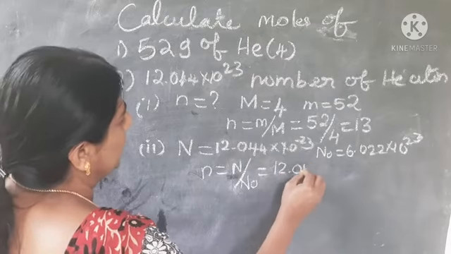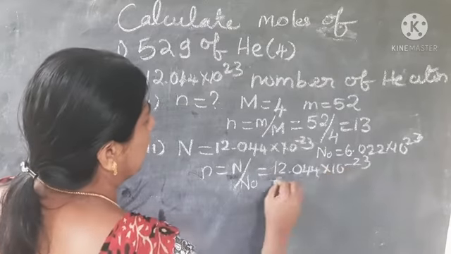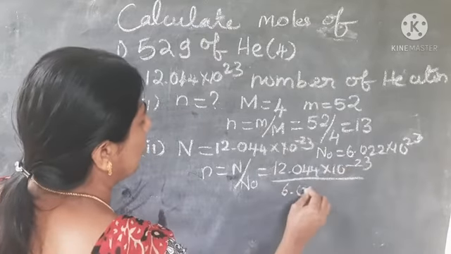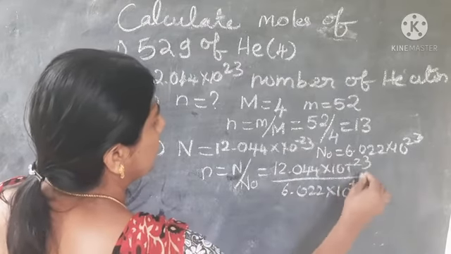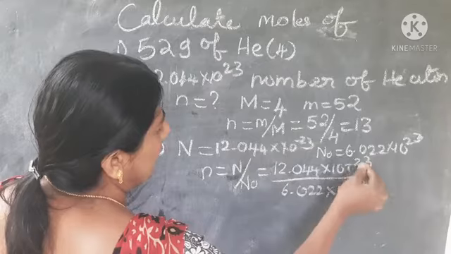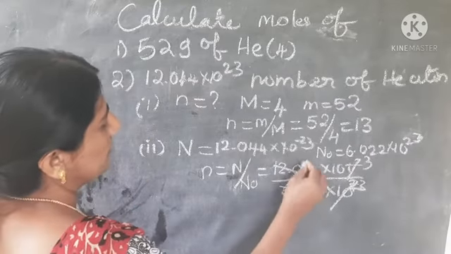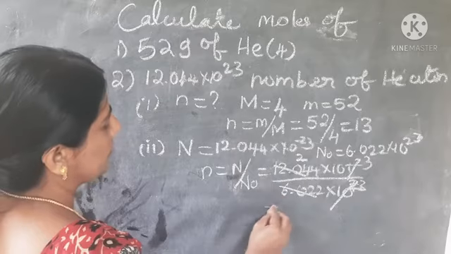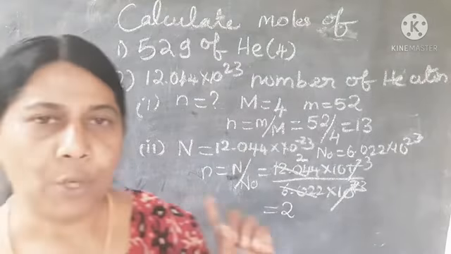Substitute the value here: 12.044 into 10 power 23 divided by 6.022 into 10 power 23. So 10 power 23 will be cancelled, and in this case 2 times it is present, so the answer is 2. Dear ones, hope you understood.